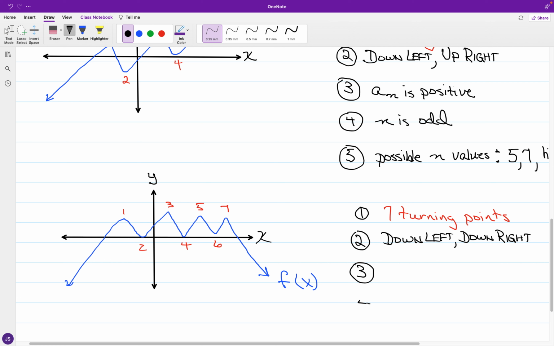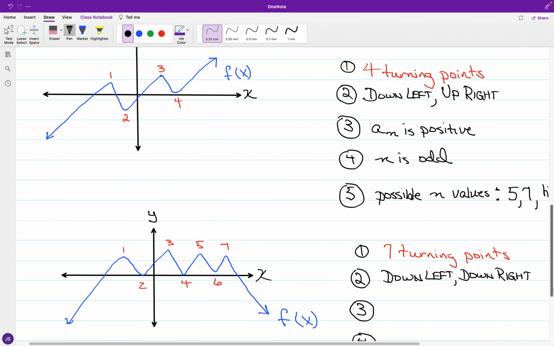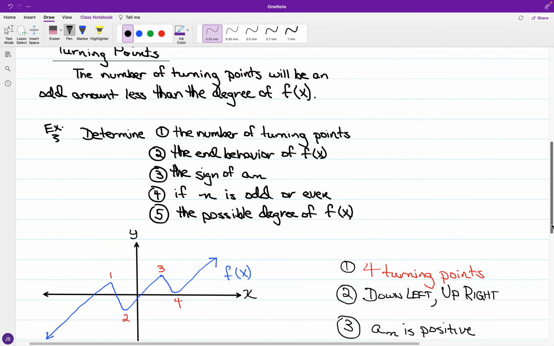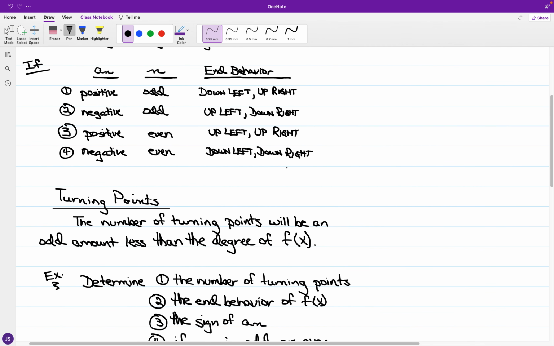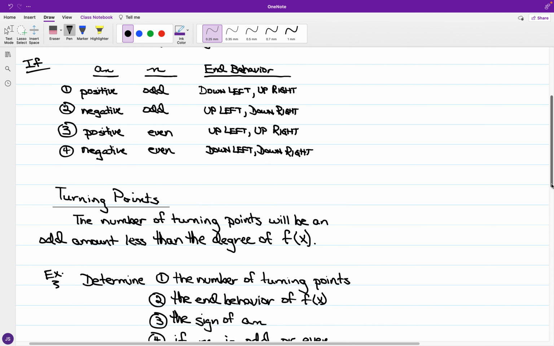And looking at whether the sign value of a of n is positive or negative, and whether n is odd or even, you got your end behavior, down to the left, down to the right, and this is the last of the 4 stated possibilities. In this case, a of n is going to be negative, and n is going to be an even value.